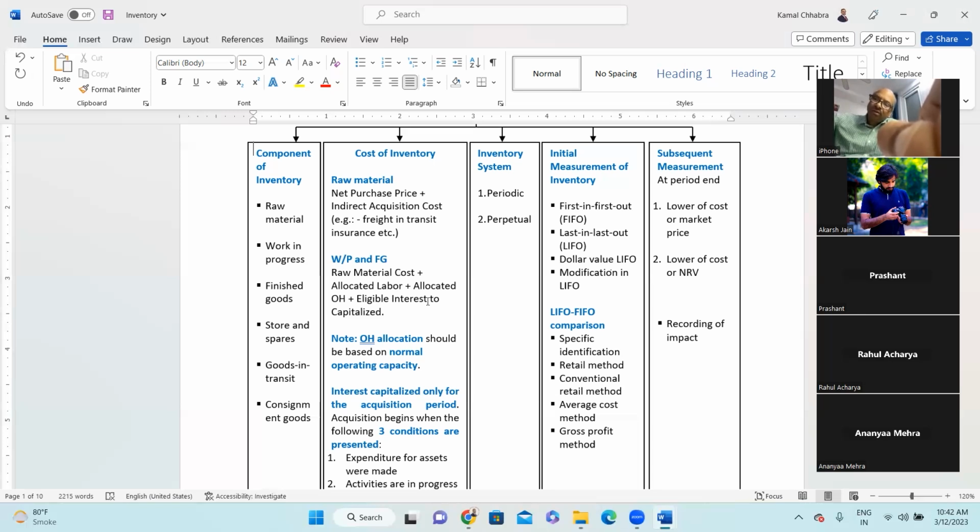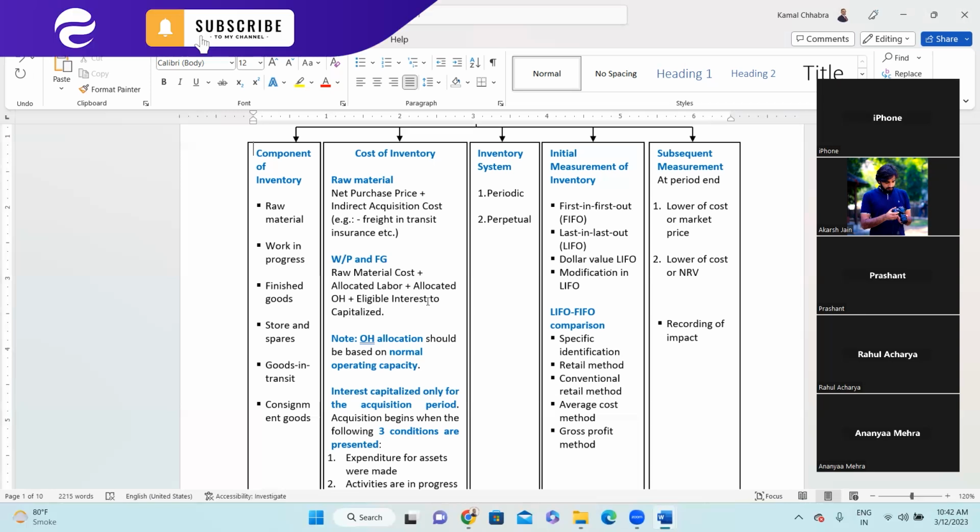So overhead costs will include rent, depreciation, electricity, insurance, and security for the production area, surveillance cost. Anything related to the production floor which is not a direct material or direct labor, but is supporting the overall production system, all those costs are considered overhead cost.